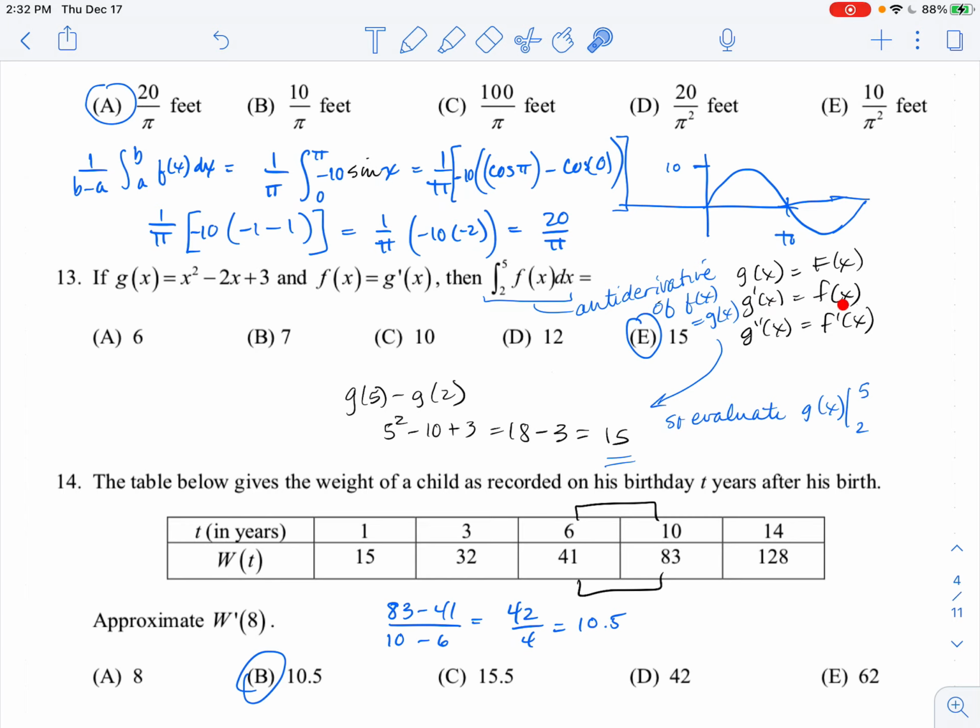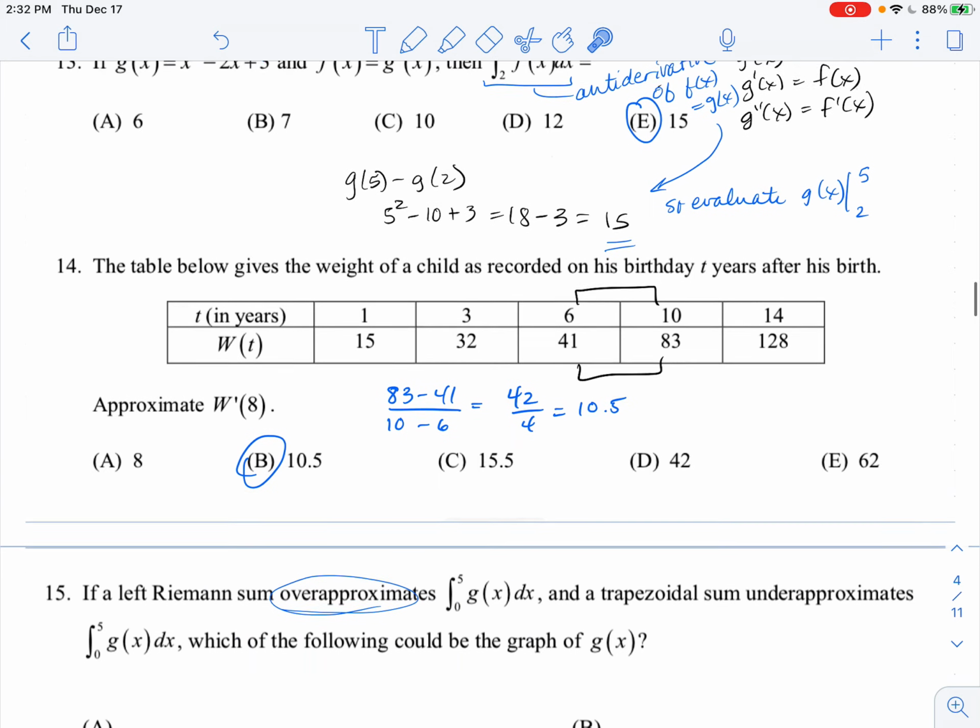If I know that g prime of x is equal to f of x, and this is asking me for the antiderivative of f of x, so that would be capital F. Well, that would be the antiderivative of g prime, which is g. And so then we're just going to evaluate g of the upper limit minus g of the lower limit. And if we plug that in, that's 5 squared minus 10 plus 3 equals 18 minus 3, which is 15.